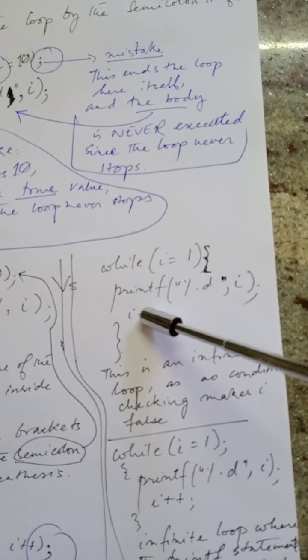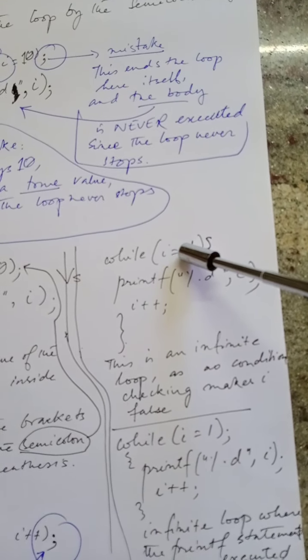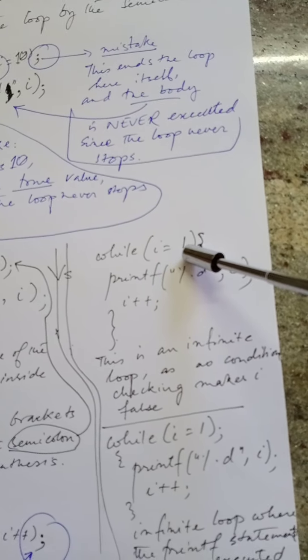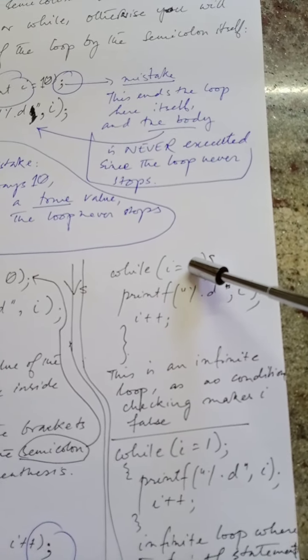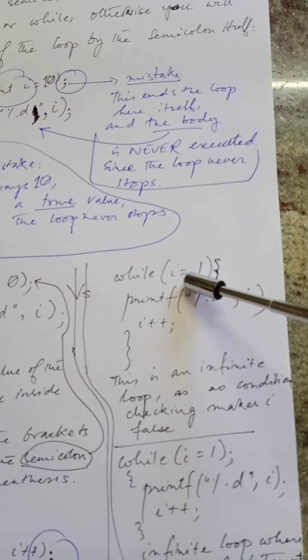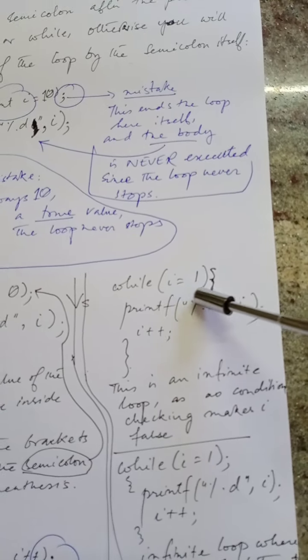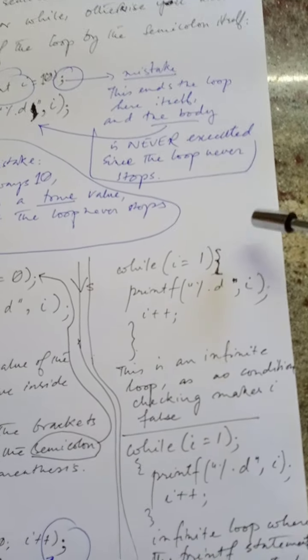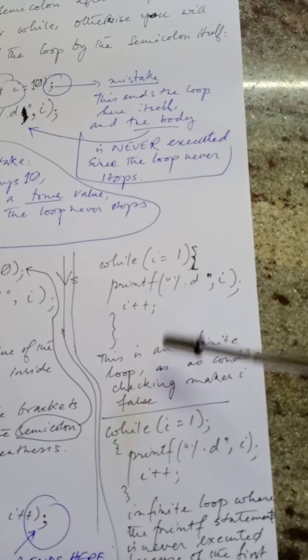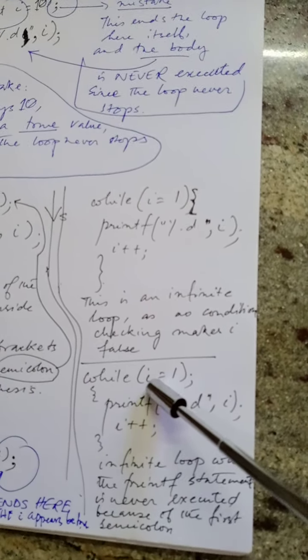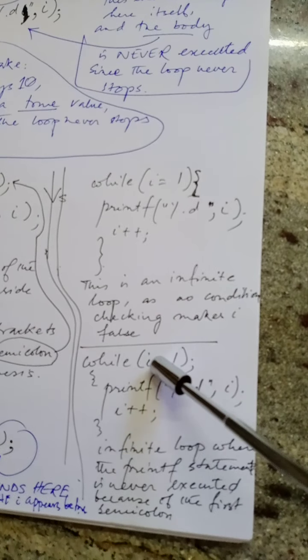Otherwise also, even if this increment would have worked here, if this was, for example, not I equal to 1, but say just while 1 or something like this, it would still go on. It's an infinite loop. So if you have while I equal to 1 semicolon, I is always 1. This is an infinite loop.